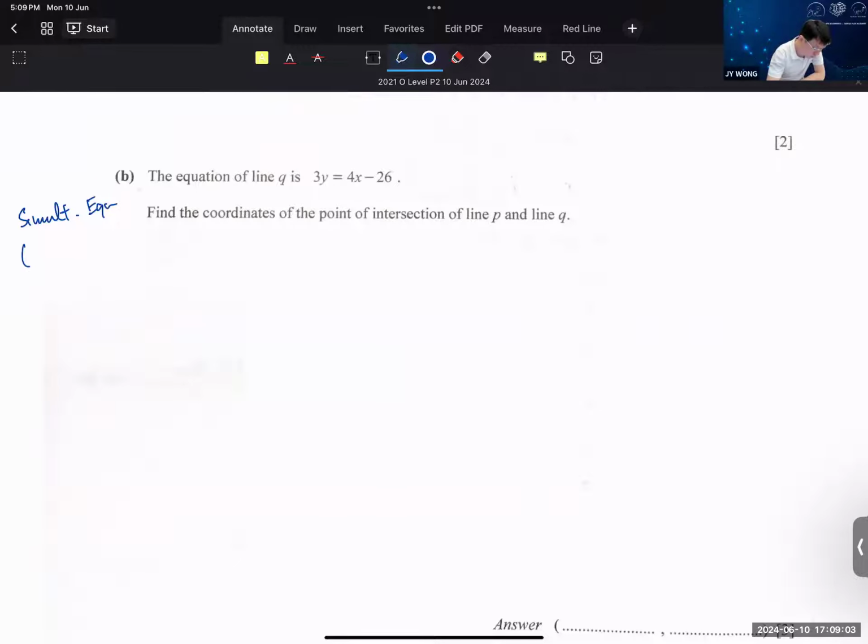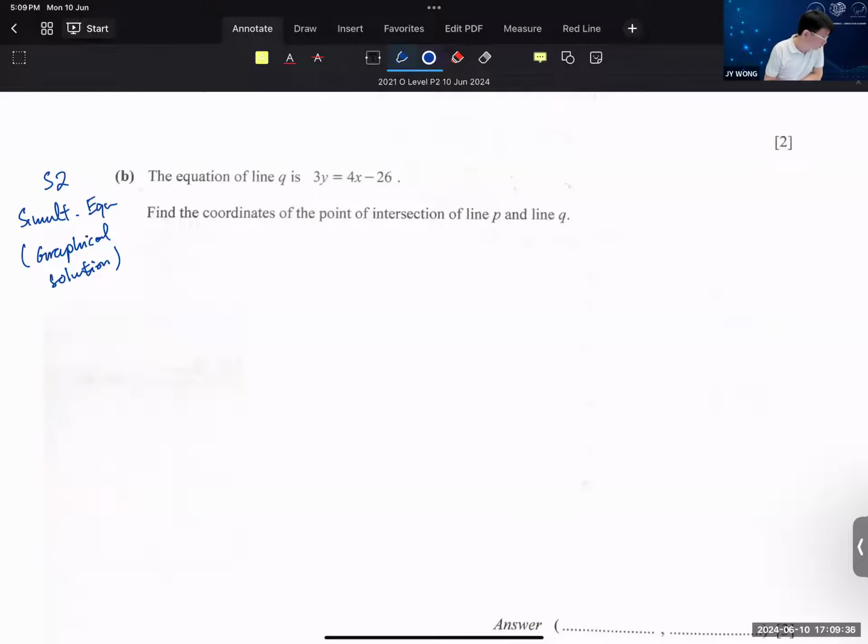Specifically, this is your graphical solution that you learned. Not very commonly applied, but it's something that you did learn when you learned simultaneous equations. So if they intersect, the coordinates of the point of intersection will be when you solve the two lines simultaneously.